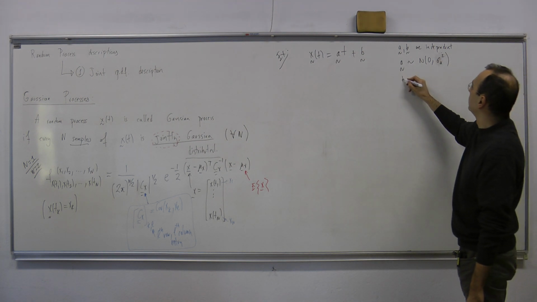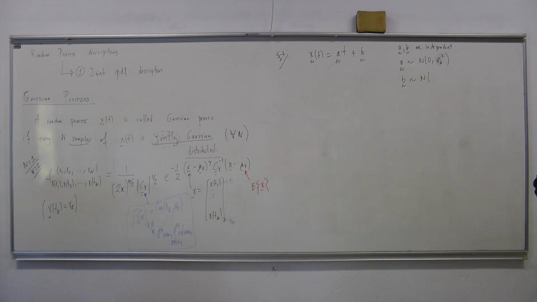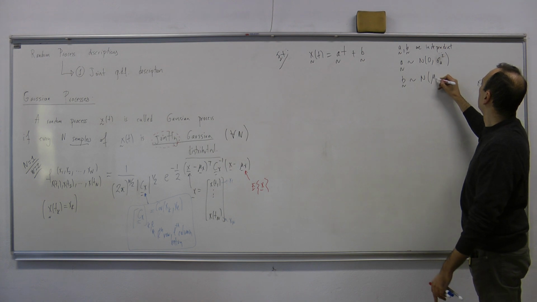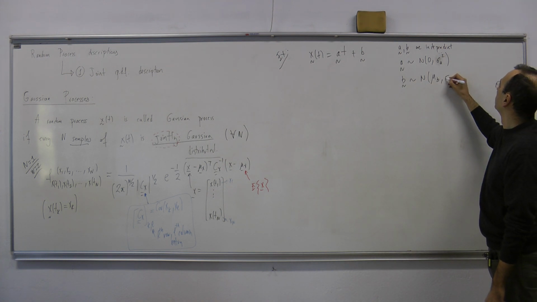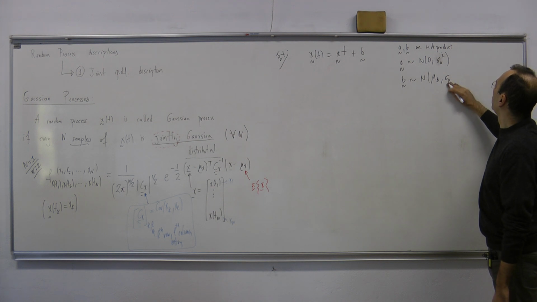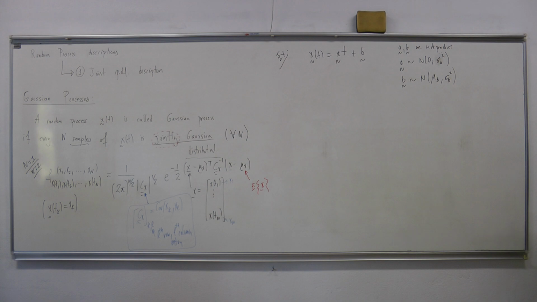B is N, its mean value is, this is a scalar quantity, small b, with variance sigma B squared, something like that.